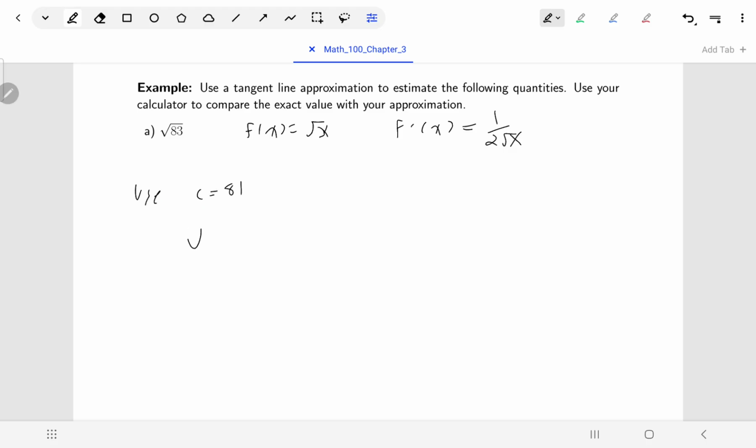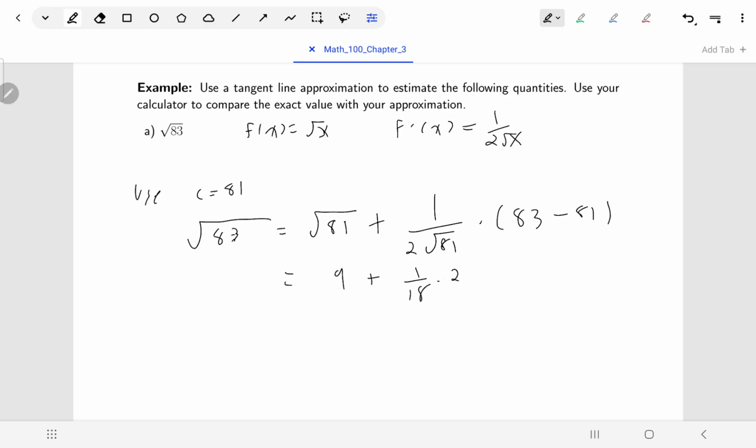So if I want the square root of 83, that should be f of c plus f prime of c times x minus c. So we wind up with 9 plus 1/18 times 2, or 9 and one ninth, which in terms of decimals is 9.1111 repeated.